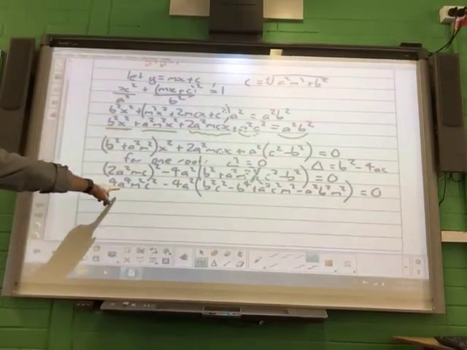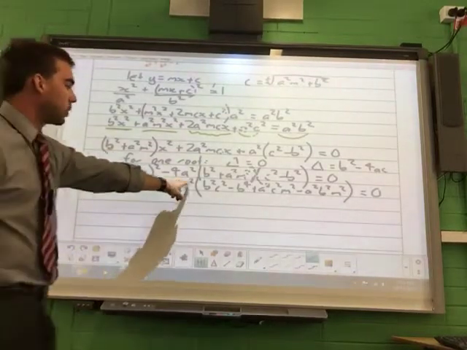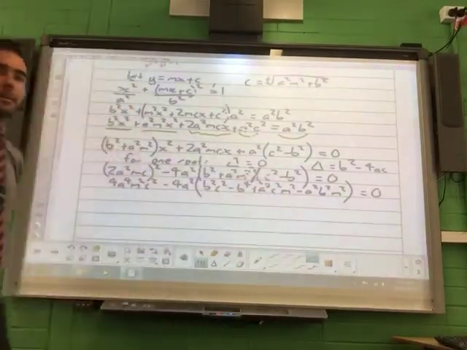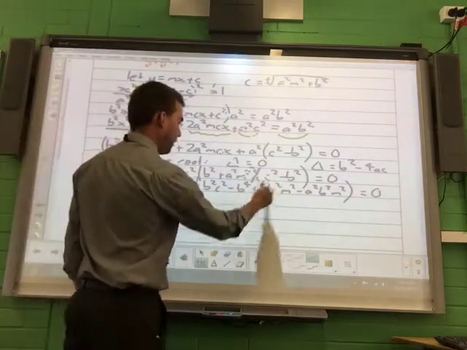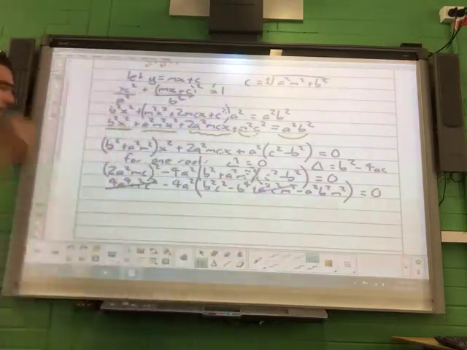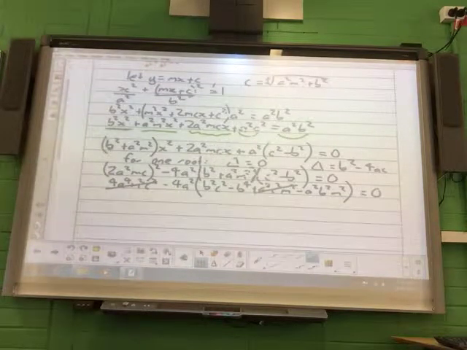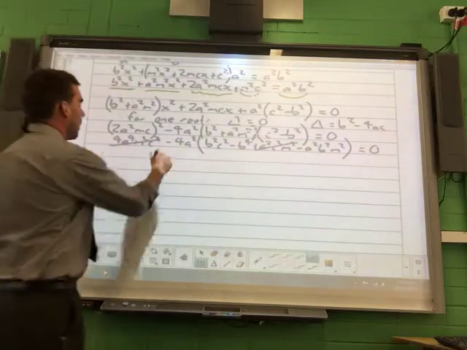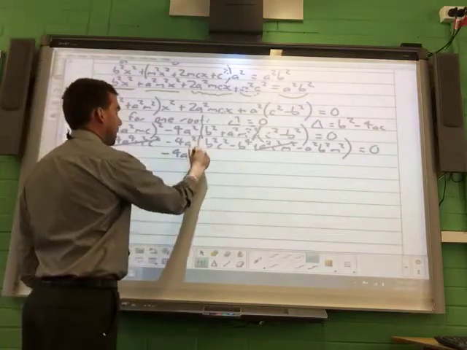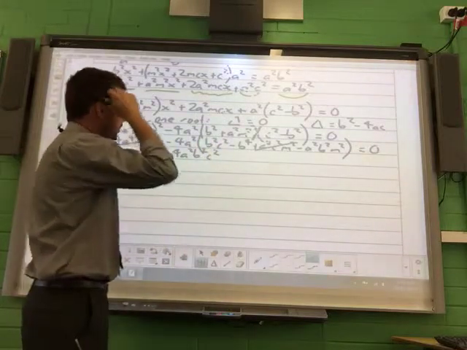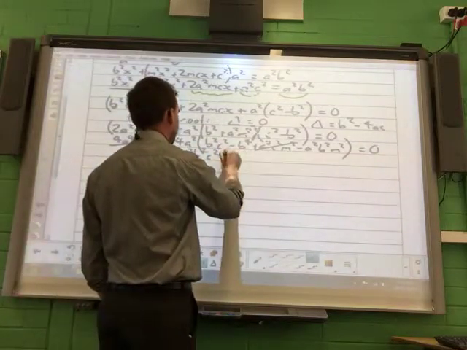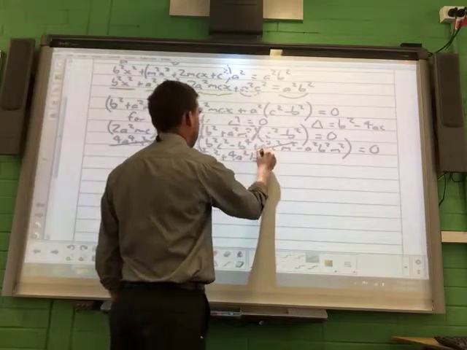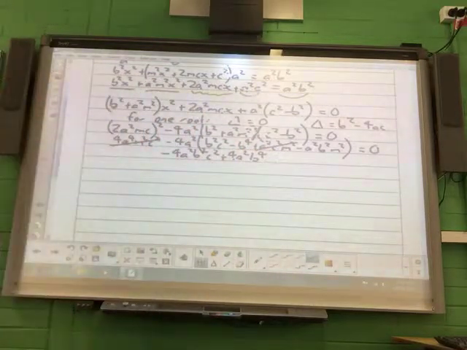Because here I've got 4a to the power of 4, m squared, c squared, and 4a to the power of 4, m squared, c squared, so that part and that part will cancel once I do the expansion. So I'm starting to eliminate stuff, which is good. So minus 4a squared, b squared, c squared, plus 4a squared b to the power of 4. No, hang on. Do we need to do that?